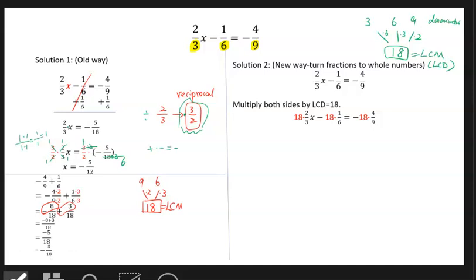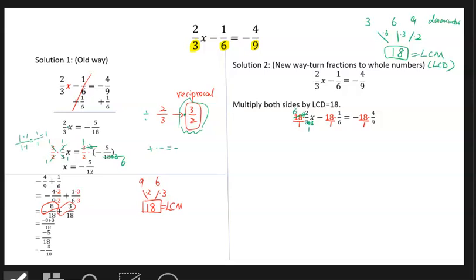So now we're going to multiply the fractions, and notice that we can turn 18 into a fraction by putting 1 underneath. So now we can reduce the fractions. For example, the top 18 and the bottom 3 both have 3 in common. We can divide both of them by 3. That gives us 6 here and 1 here.